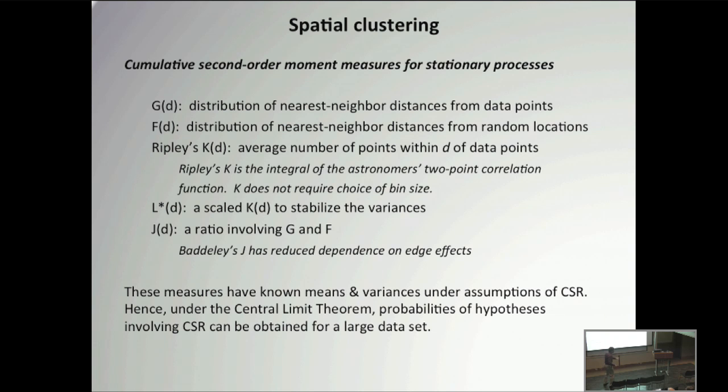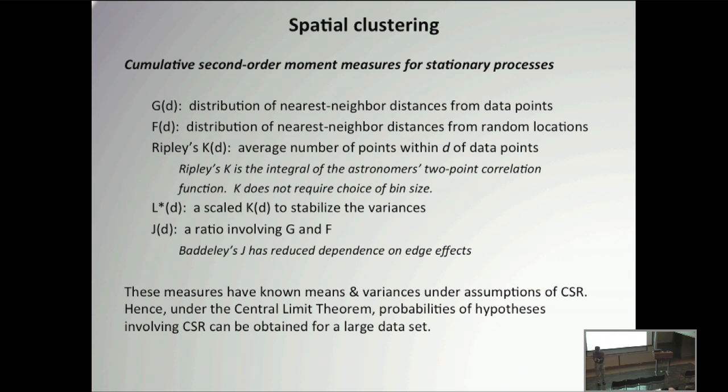Since that goes up like a parabola for a random process, you divide by distance squared and you get L. Besag's L star function is the same thing, variance stabilized. Then Baddeley invented a certain arithmetic ratio of G and F. All of these things have strong dependence on the shape and the edge.